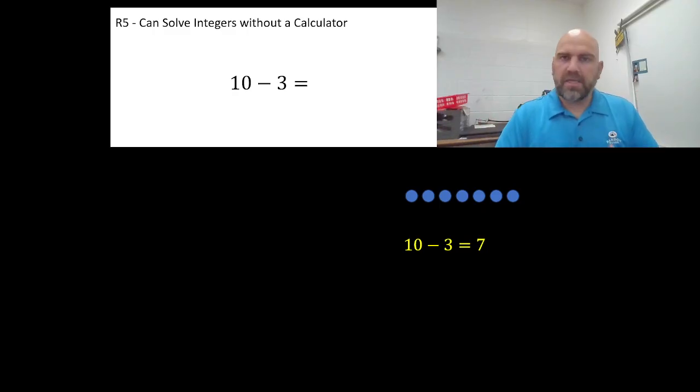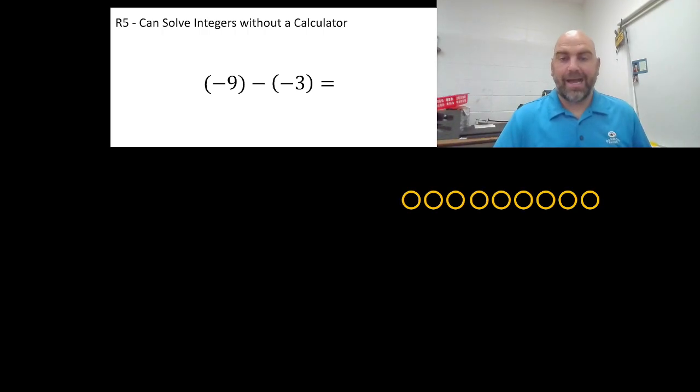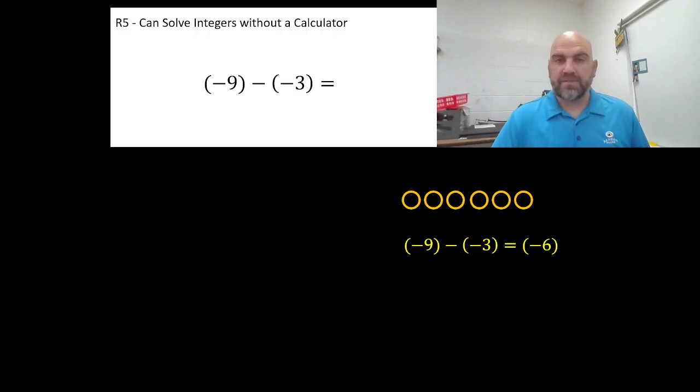Okay. This is kind of that starting point of subtraction. Now, what happens if we have negative values? If we have 9 negatives here, and we are taking away 3 of them. If you have 9 negatives and you are subtracting 3 negatives, you're just getting rid of 3 negatives, and all you're left with then is 6 negatives, or negative 6.